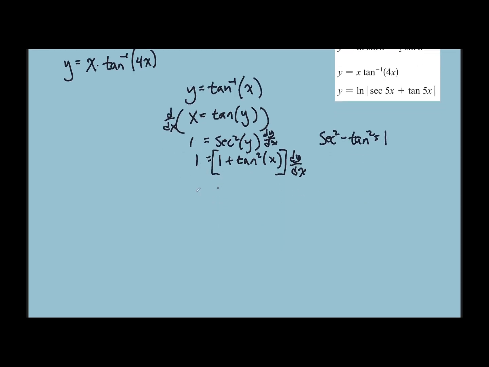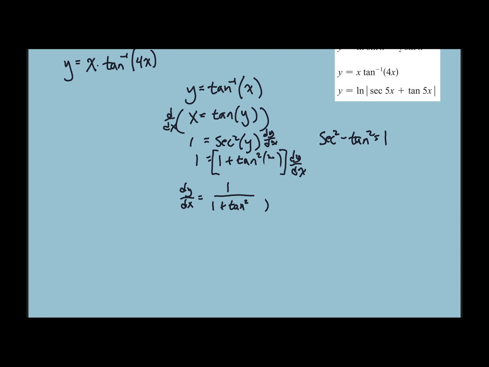So that's equal to 1. And that means our dy dx is going to equal 1 over 1 plus tangent squared of x, like that. Well, that's not very helpful yet, and I mean tangent of y, tangent squared of y. Wow, what an error. Don't make that mistake. Tangent squared of y. Oh my gosh.